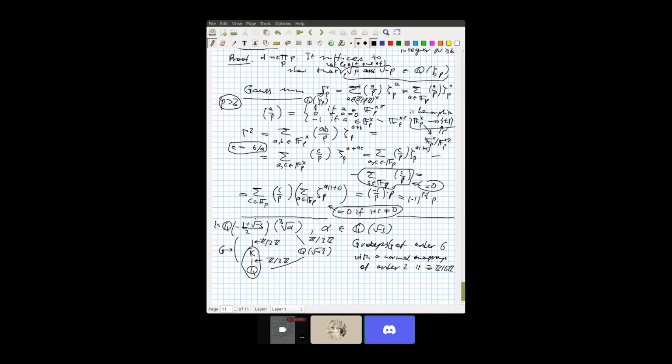This means that this subgroup should be normal in G. And so what are the groups of order 6?